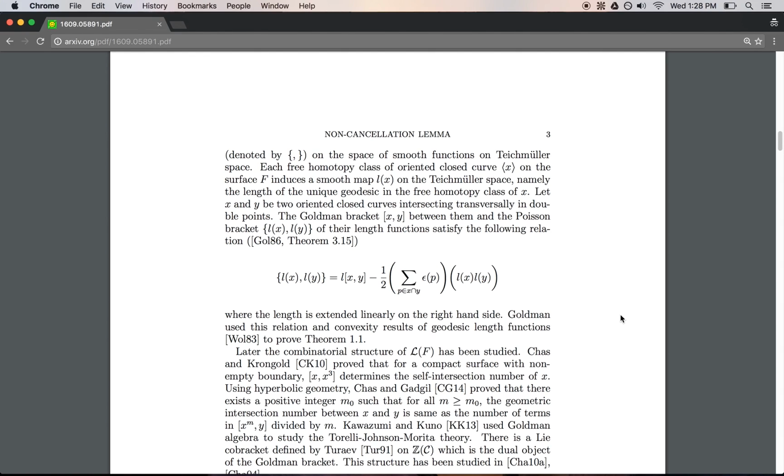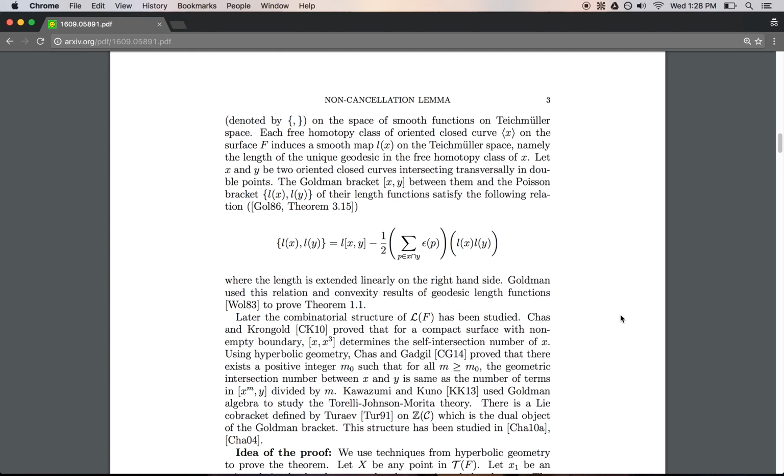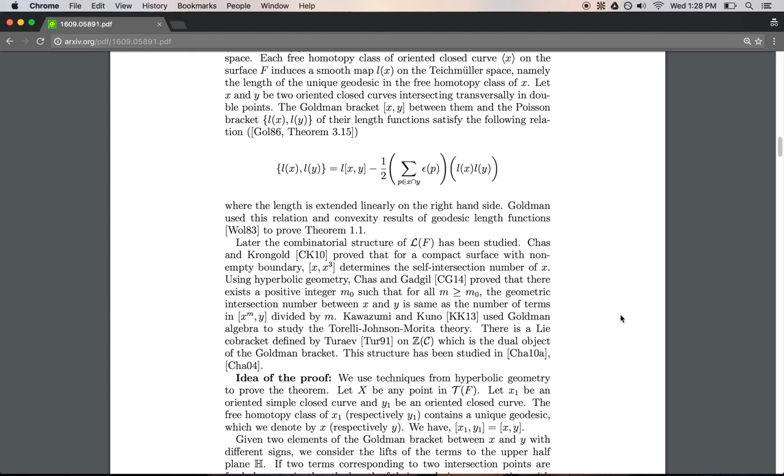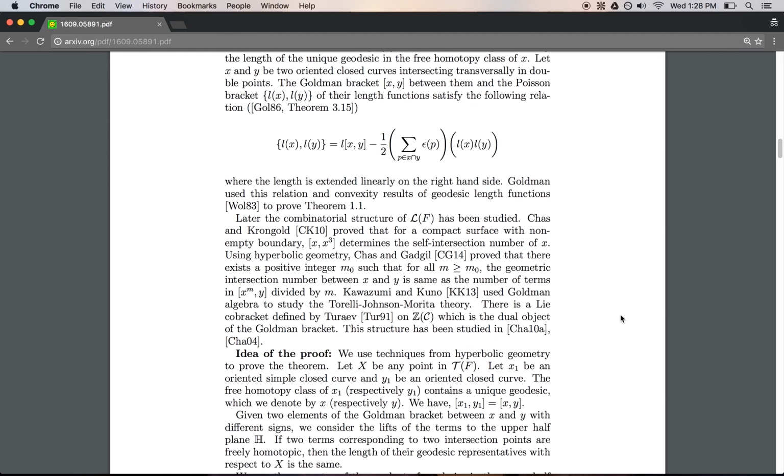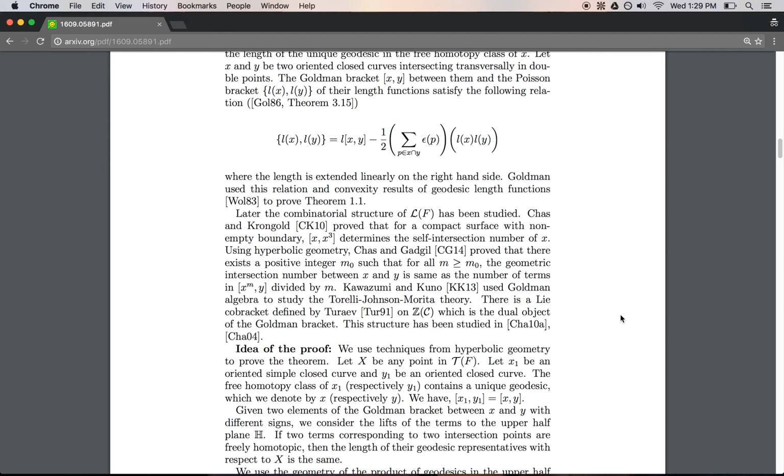So the sign is under the sigma, but not the smooth map. It's really tough to state this type of notation unambiguously.